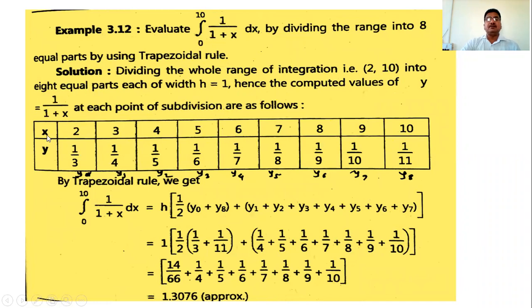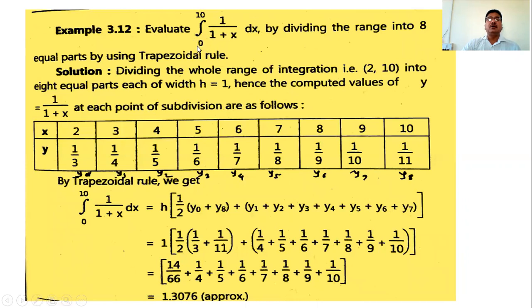Then prepare the table. Write the first row of x values, the second row of y values. What are the values of x, starting from 2? Here write 2, here is a mistake, it is not 0, it is 2.